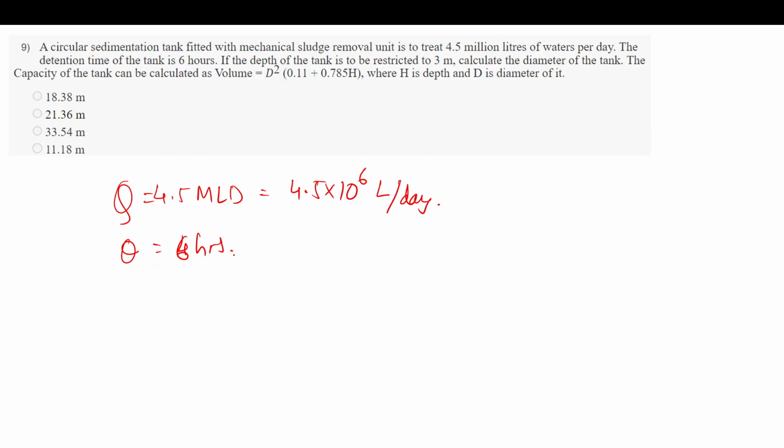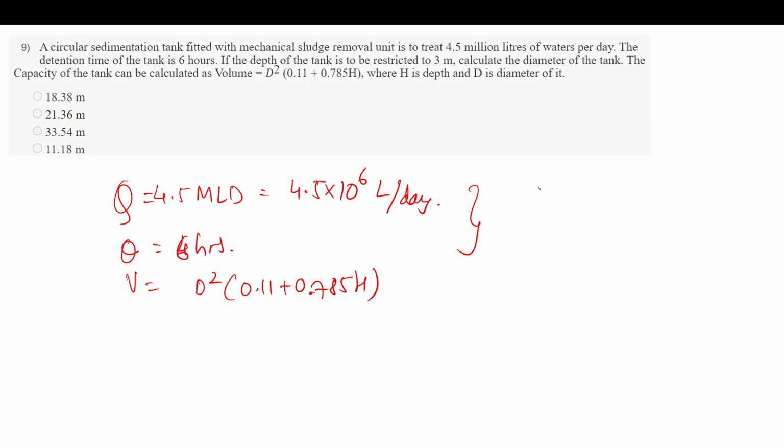Now if the depth of tank is restricted to 3 meters, calculate the diameter of tank, and the capacity of tank volume is given to you as D square into 0.11 plus 0.785H, where H is the depth and D is the diameter. You need to calculate diameter. So how will you do this? From these two data, how are they related?